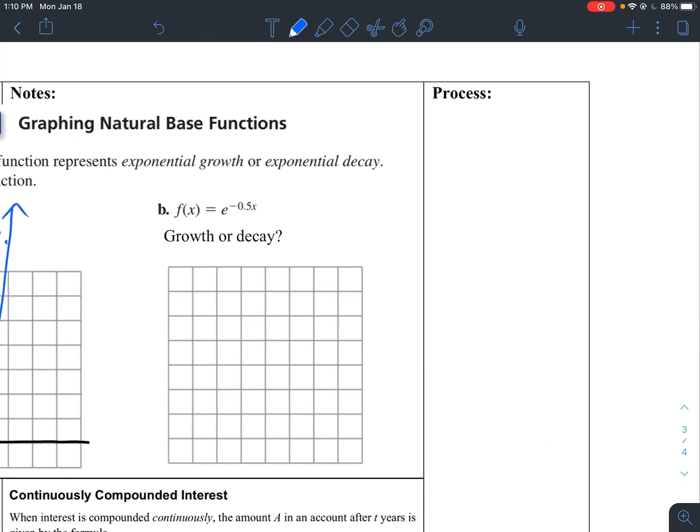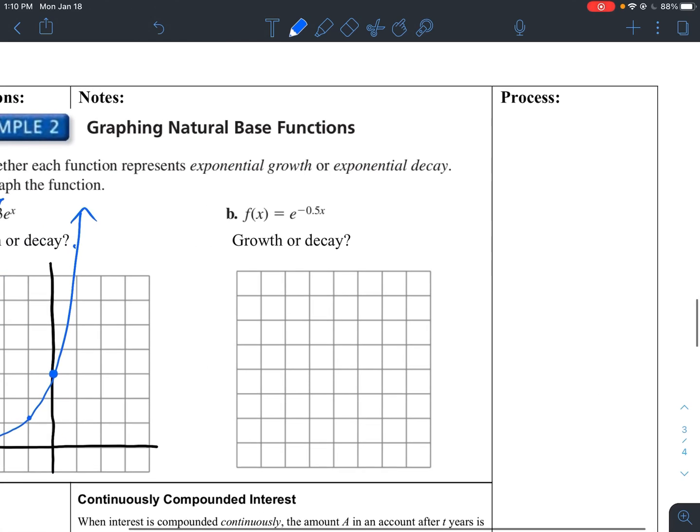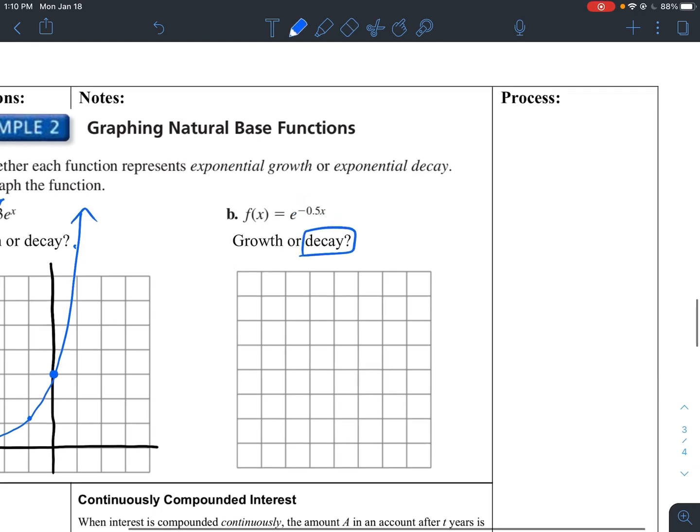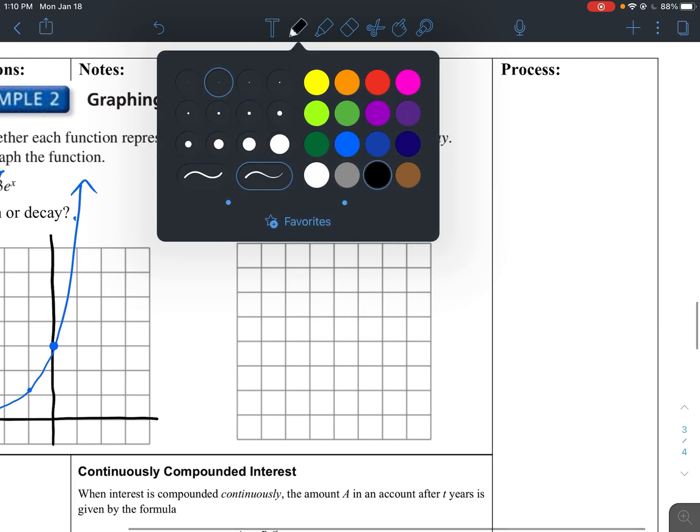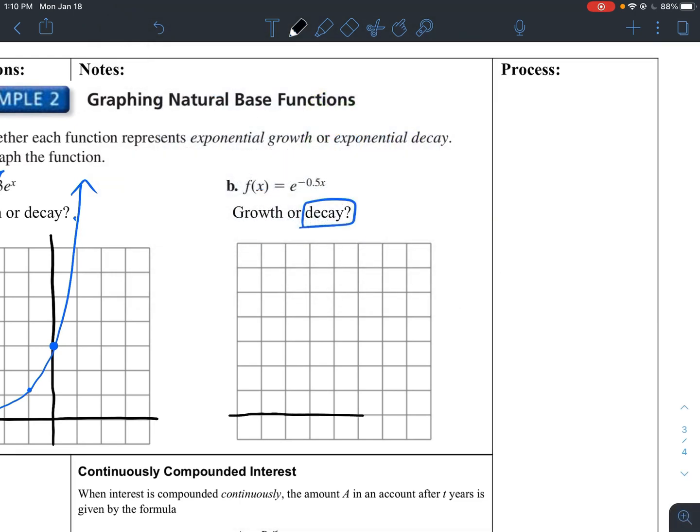All right, now let's try and graph this function right here. First of all, is it exponential growth or decay? Because this is negative right here, this is going to be decay. Again, I'm going to draw my x-axis low, down here. Again, we don't have any vertical or horizontal shifts.